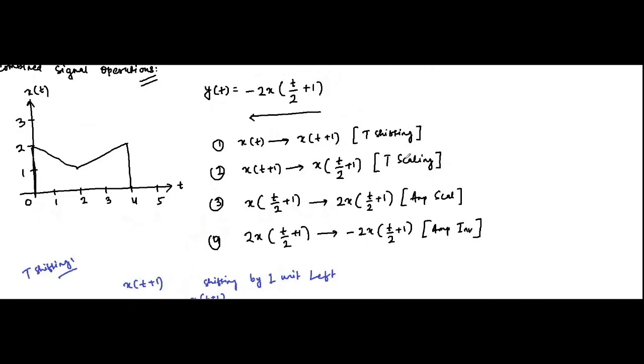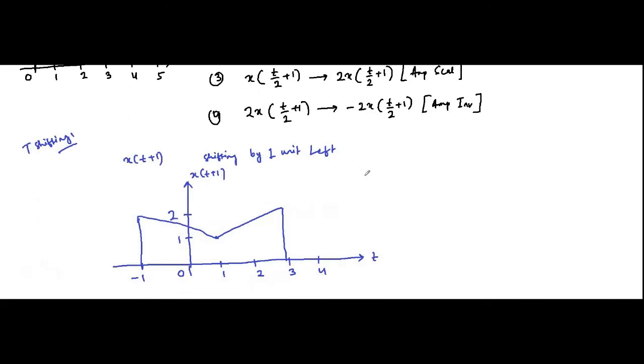Next is time scaling. In time scaling, we know that the factor which gets multiplied or divided with t plays an important role. Here the time scaling expression is x(t/2 + 1).